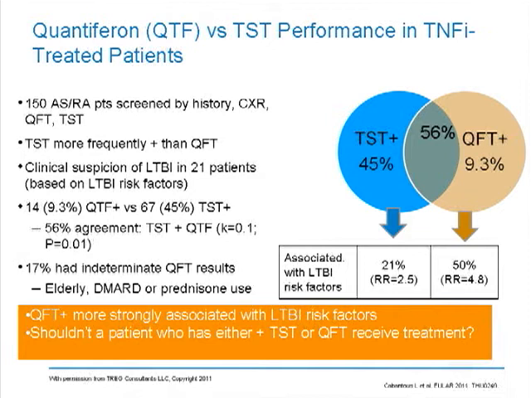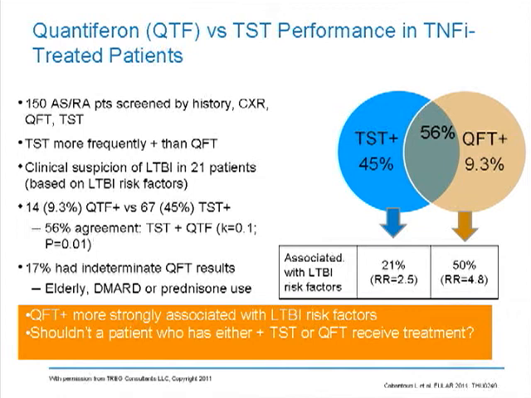It was found that the TST was more frequently positive than QuantiFERON. There was clinical suspicion of latent TB in 21 patients based on risk factors. 9% of the patients were QuantiFERON positive versus 45% who were tuberculin skin test positive. There was a 56% agreement.